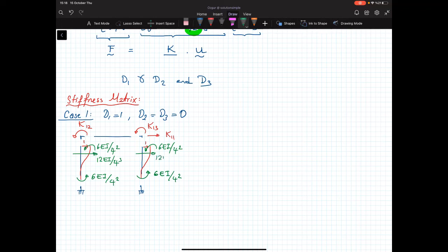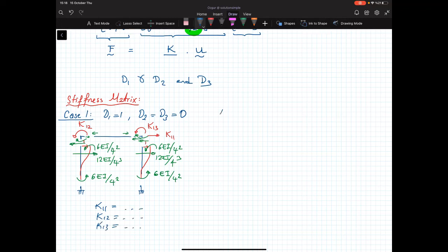Actually, we are doing the same thing, right? We are drawing the same deformed shape one by one. We are transferring them to the nodes, and write down the equilibrium equations and obtain what K11, K12, and K13 is.